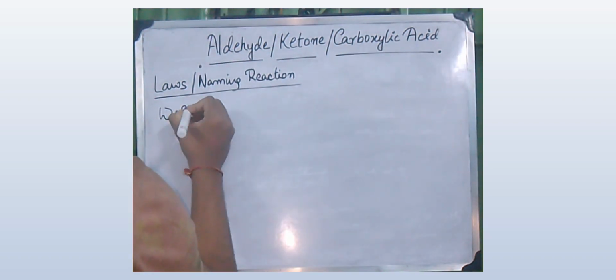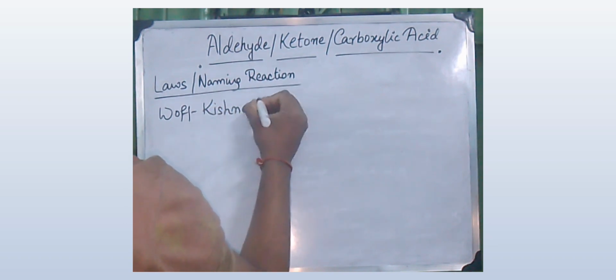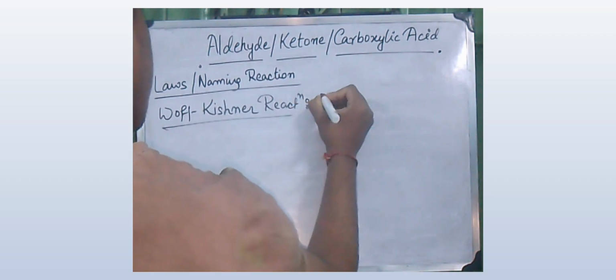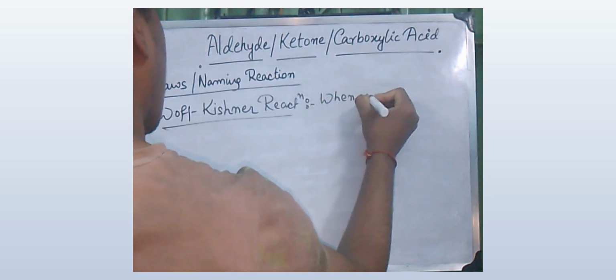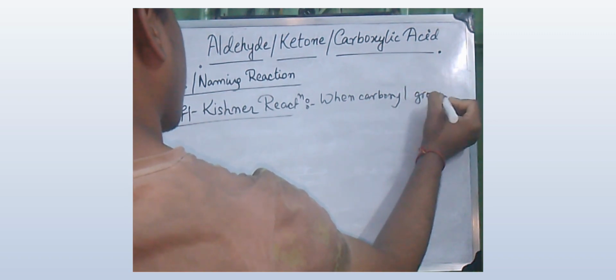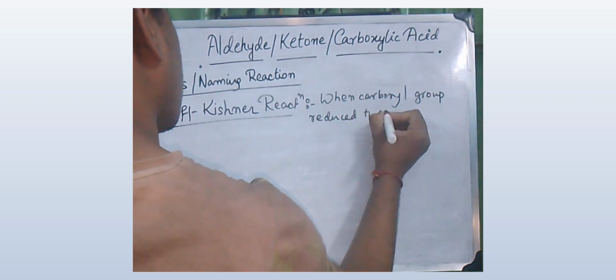Now we will move on to our next type of reaction, which is known as Wolff-Kishner reaction, which is very important in terms of exam. In this reaction, the carbonyl group of aldehyde and ketone is reduced to CH2 group.